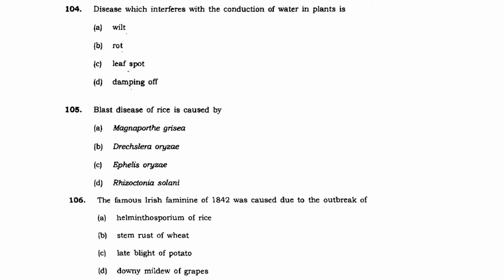Among them, wilt is the type of disease where a pathogenic bacteria or a virus comes and proliferates in the xylem vessels where water conduction takes place. So they block the water passage, and that's why they interfere with the conduction of water. So the answer will be A.